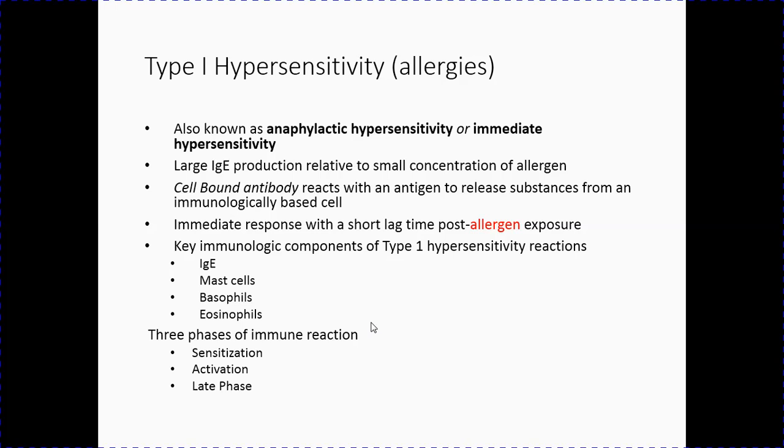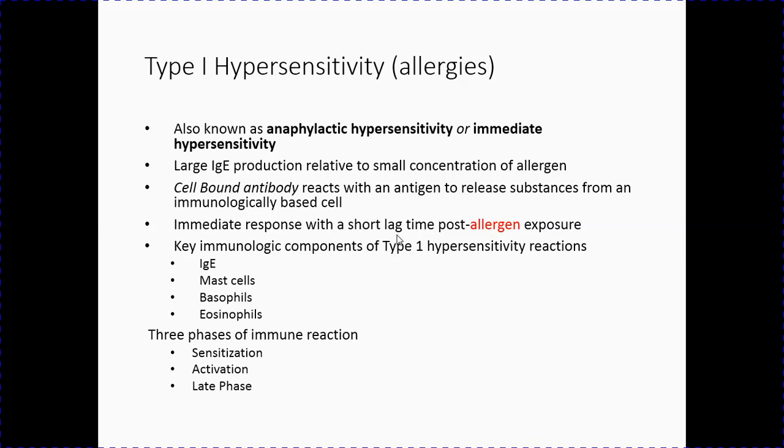Some of the key points about type 1 hypersensitivity reactions: it has that short lag time. If you remember, we've used that term before when we're talking about the amount of time for an immunoglobulin to be produced. We saw it when we looked at the primary and secondary responses of antibody production.